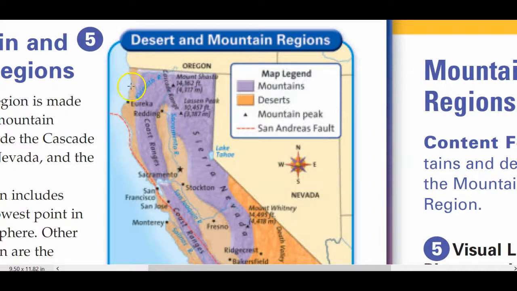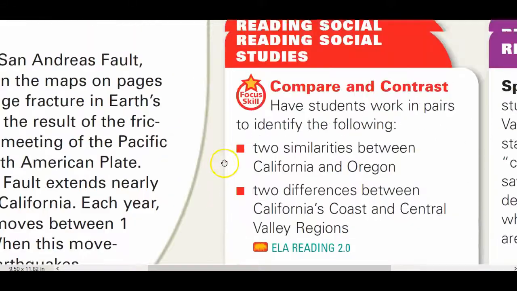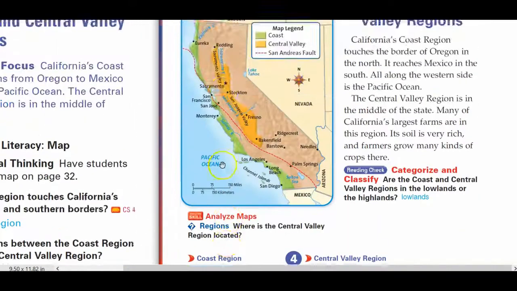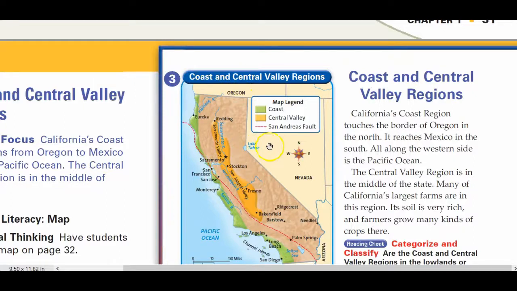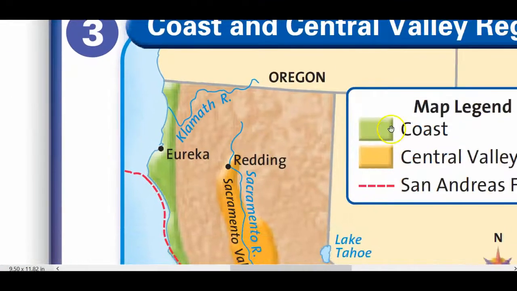See this little section right here? Yes, I thought there was a better map. There we go. Here's a better map. See, coast region is this little section right here.